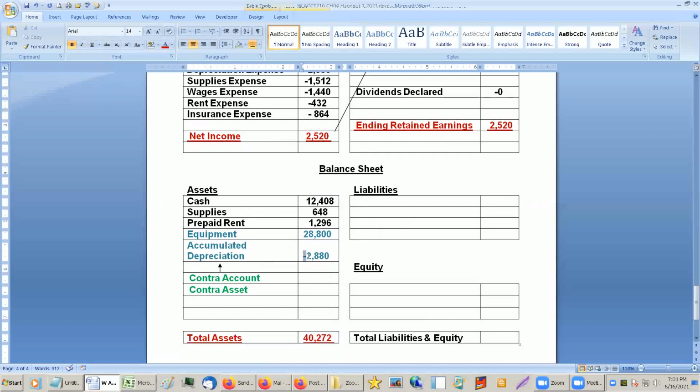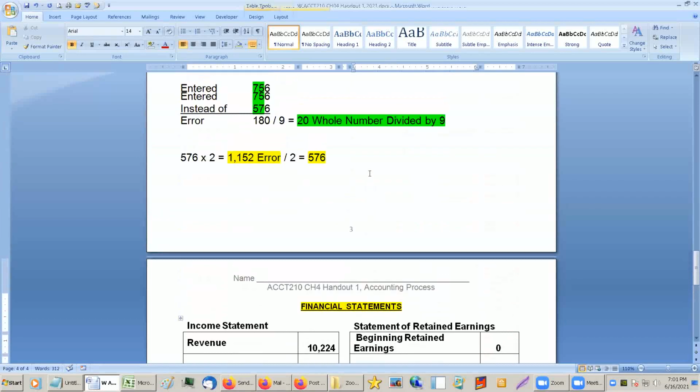So this is the tricky one here. This is subtracted out. And we'll learn why next week. Okay, liabilities.